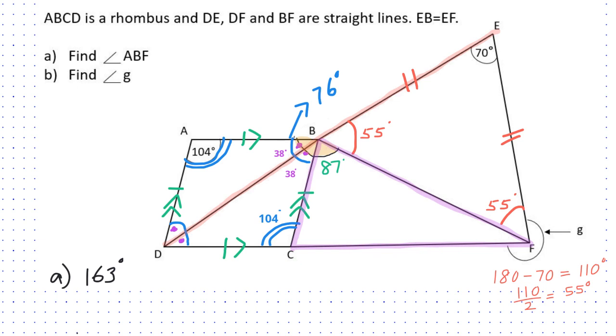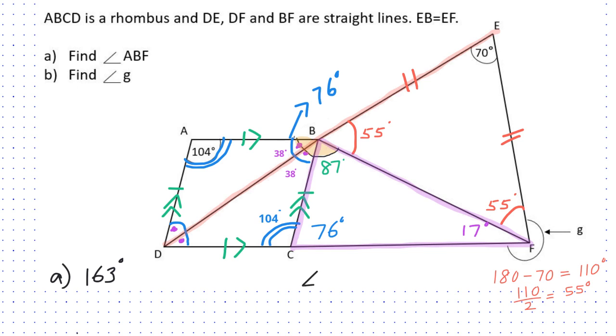So 180 minus 104 is equal to 76 degrees. Therefore, the value of angle BFC is equal to 180 degrees minus 87 and 76, which is 17 degrees.